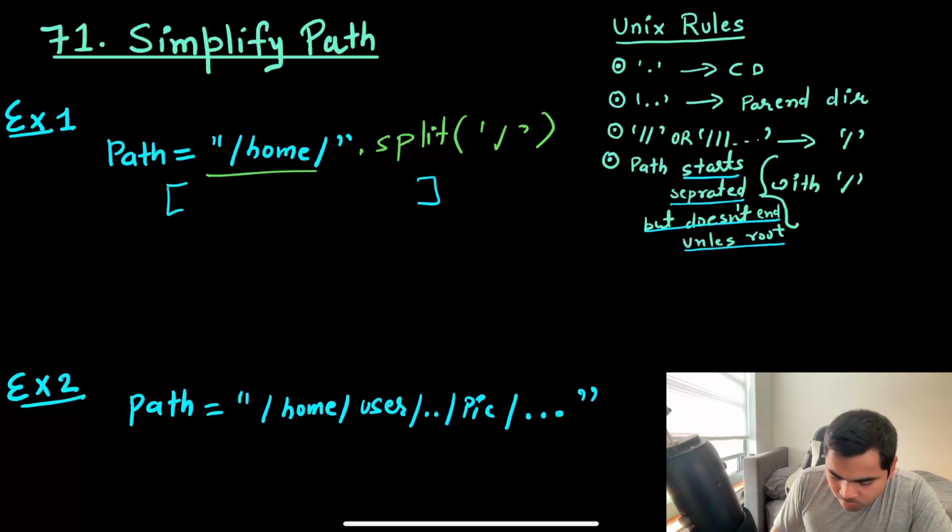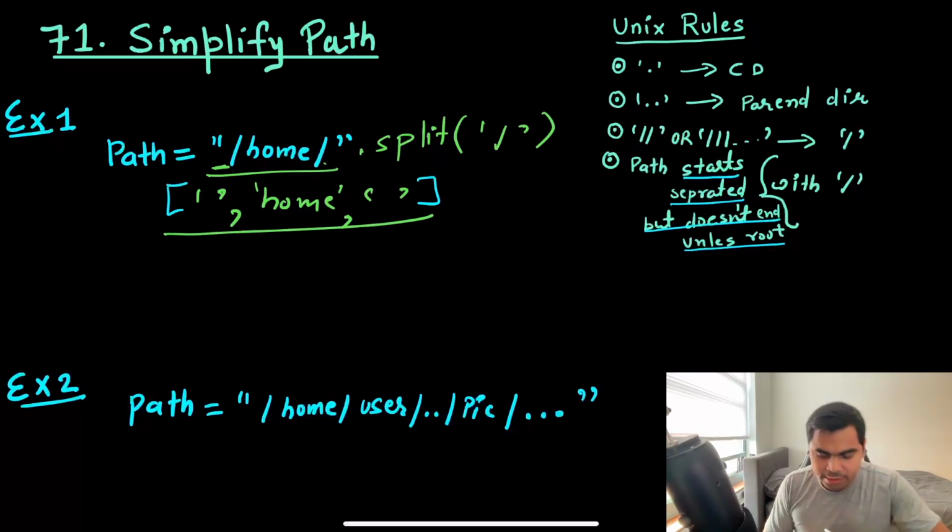In this case, what it will give us is an empty string that comes before the slash, then home as a string, and then another empty string that comes after this slash.